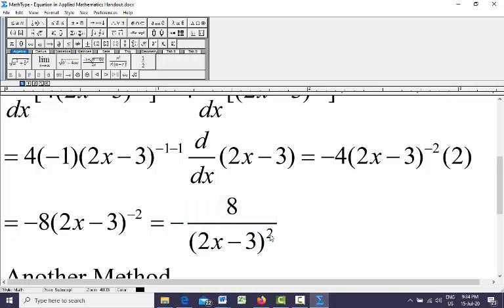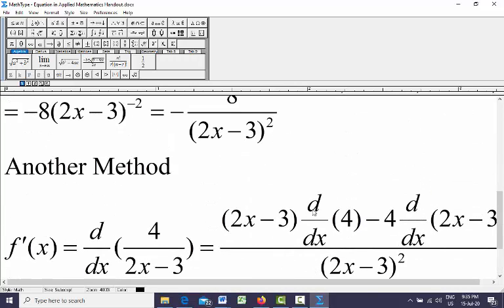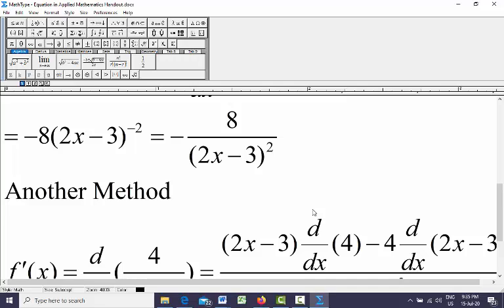We keep the minus in front, and 8 we keep over the numerator. So this is the answer.